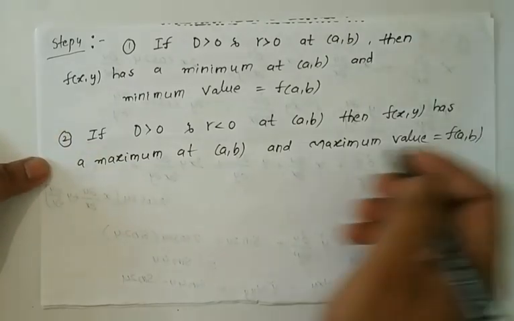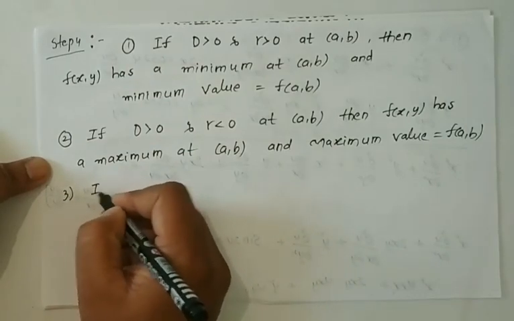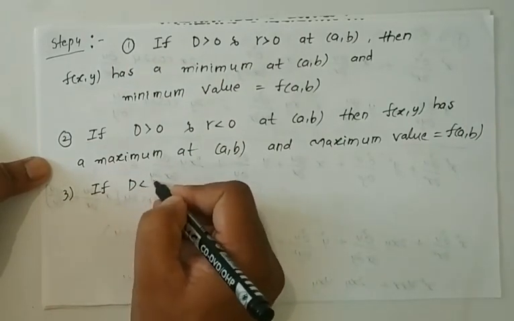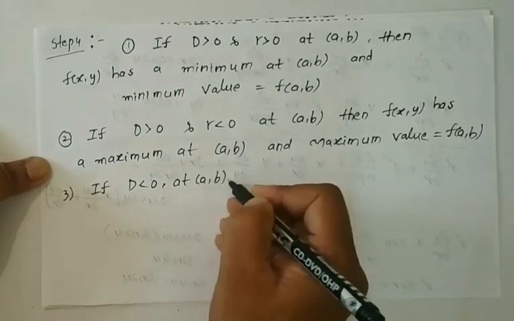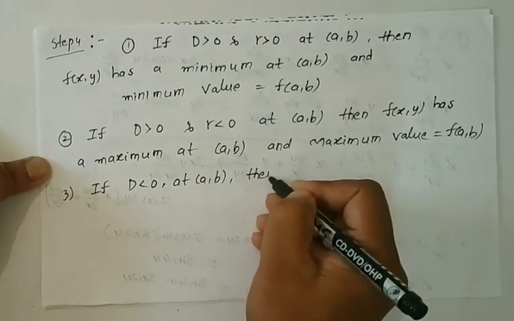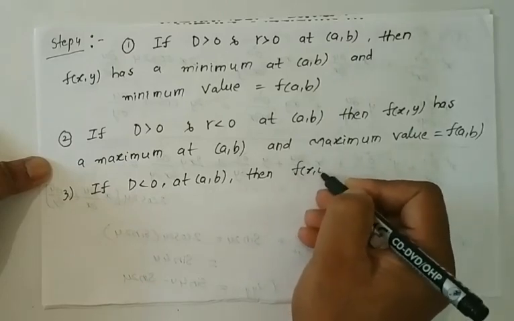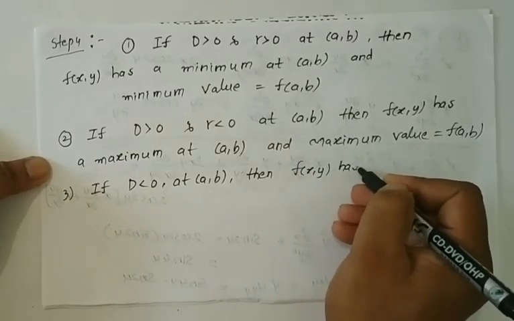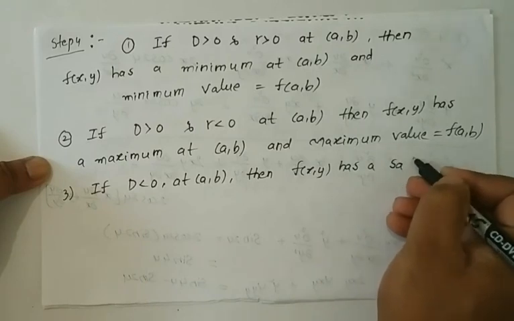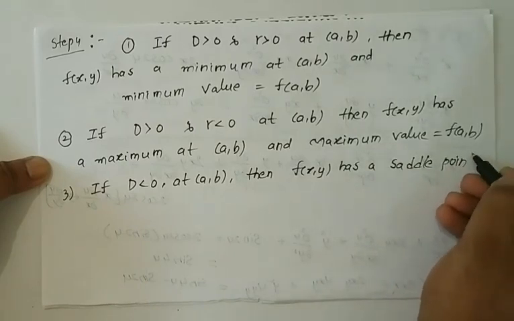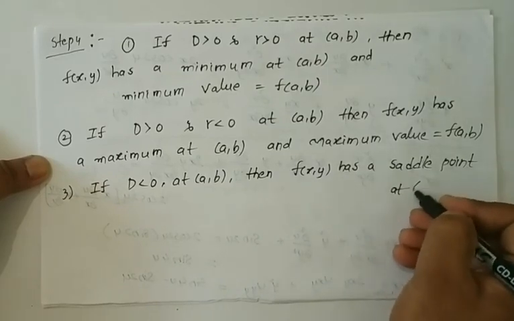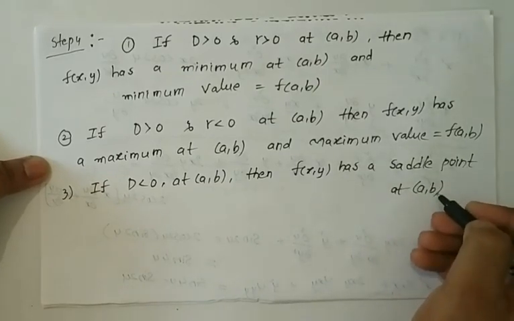Third one: if D less than 0 at a comma b, then f of x comma y has a saddle point at a comma b.